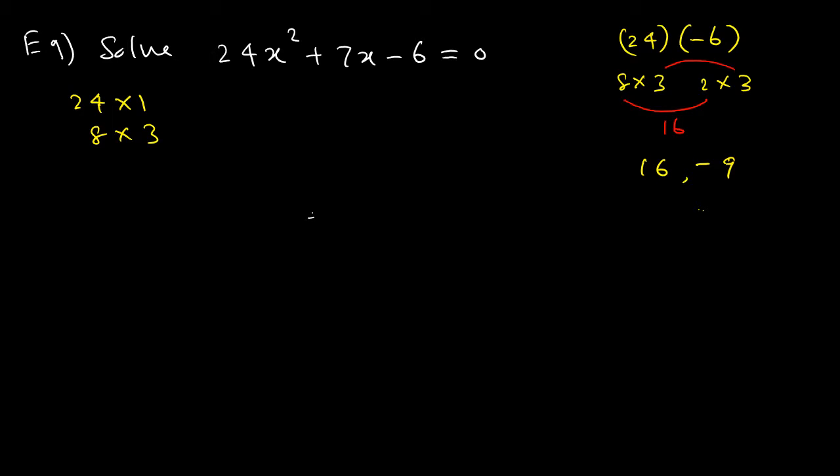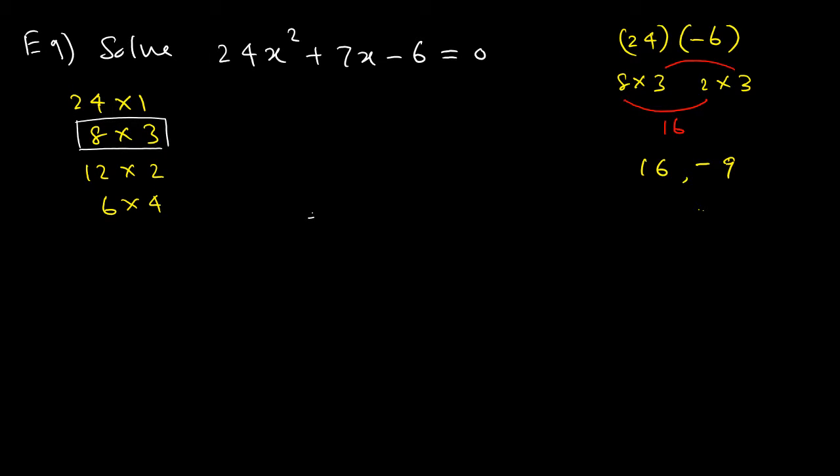What are the other choices that we have? We have 12 times 2, that doesn't work because 12 does not divide any of them. And then the other one is 6 times 4, and that also doesn't work because those two numbers do not divide any of them. So that means the only possibility that we have is 8 and 3.